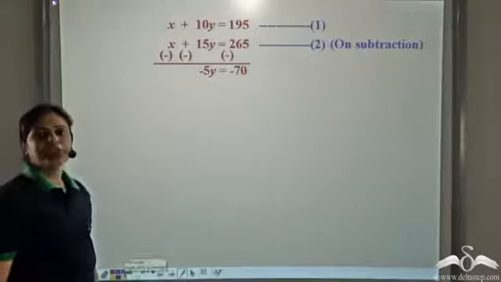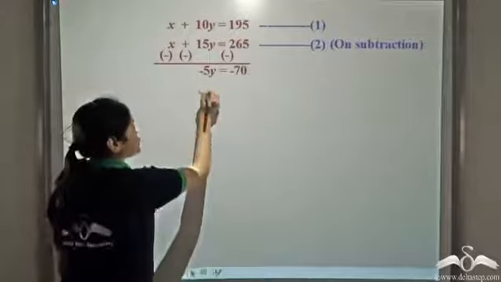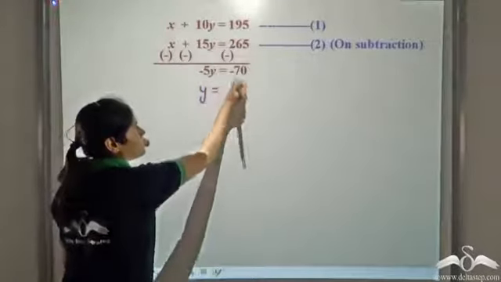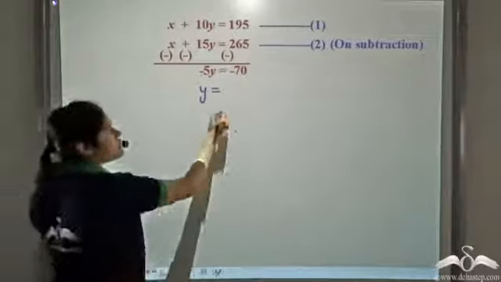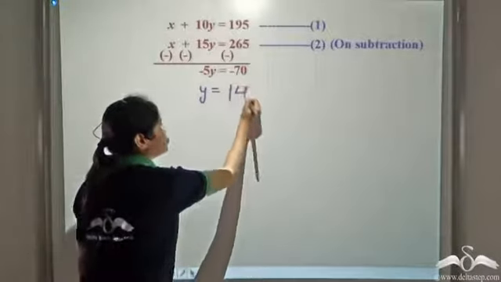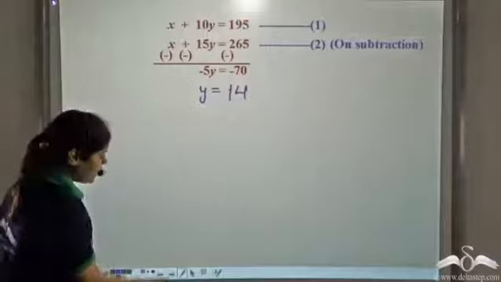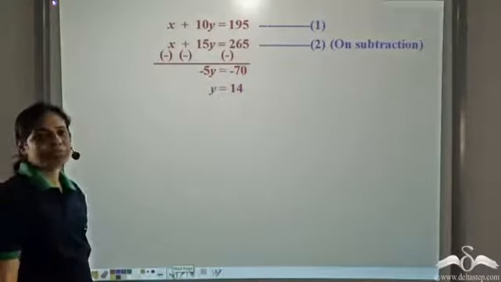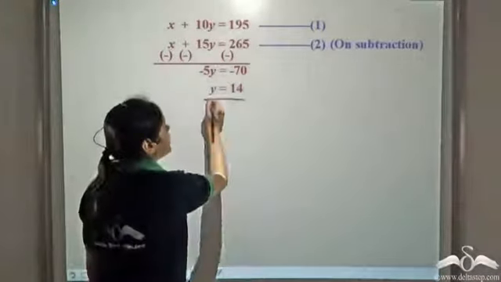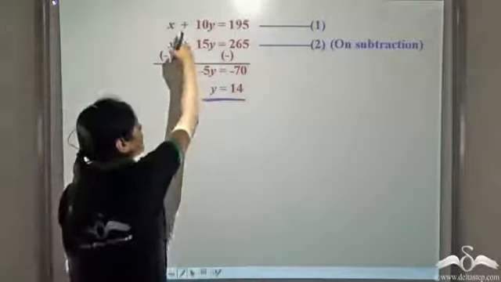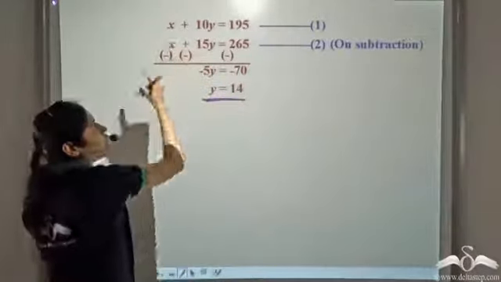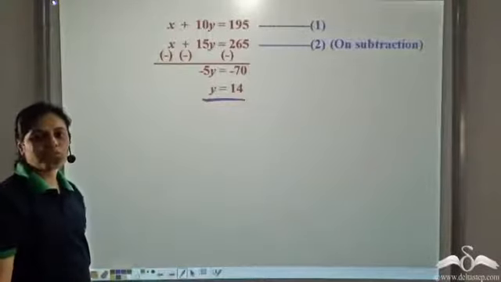And we can calculate the value of y from this. y is equal to negative 70 by negative 5, which is 14. So y is equal to 14. So this is the value of y. Now we can find the value of x by putting this value of y in any of these equations.